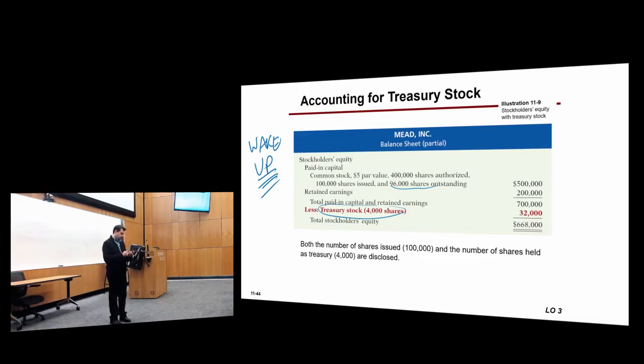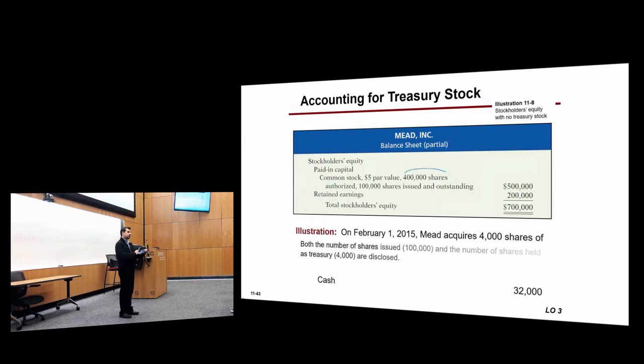So those two together will be 96,000 multiplied by the amount. Okay, now let's see both. So now we have the total is 668,000 compared to the previous one, which was 700,000.